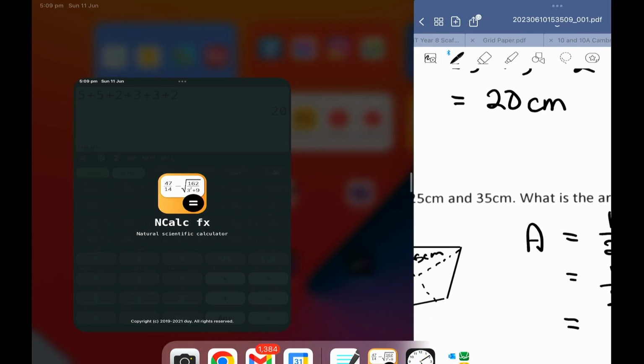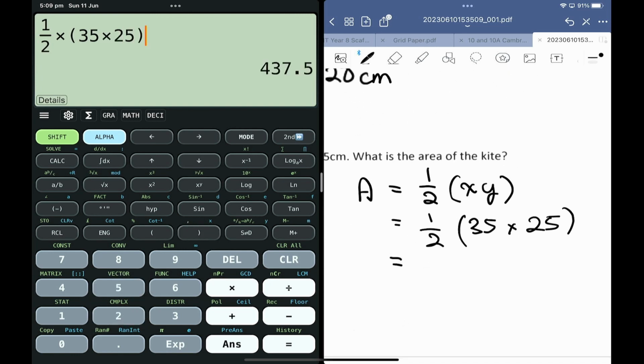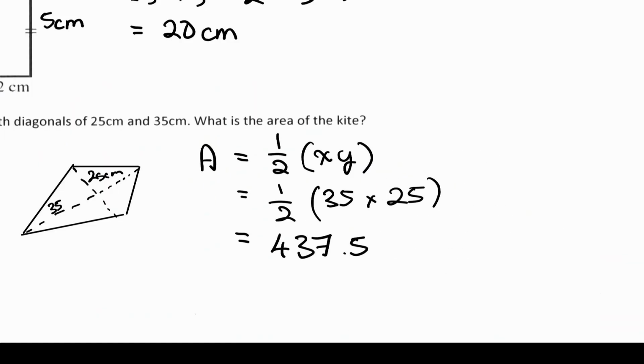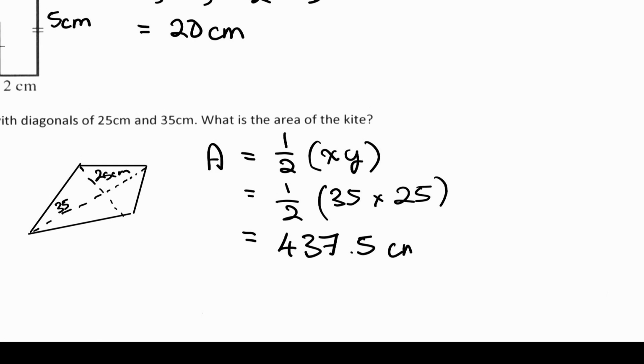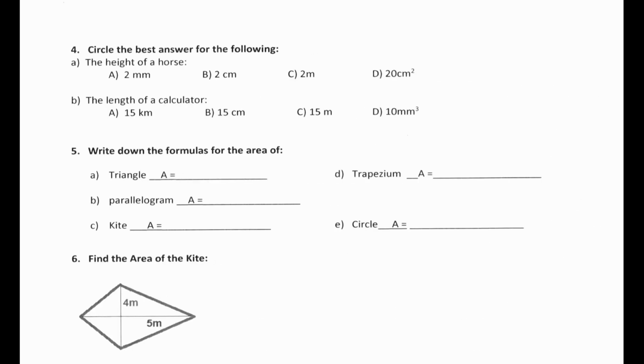And we plug that into the calculator, and we get half 35 times 25. Don't forget the brackets, and that gives us 437.5. And the units, well, we're working in centimeters, but because this is area, it is centimeters squared. They are squared units.